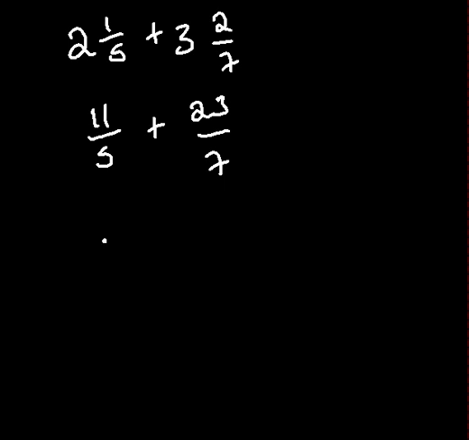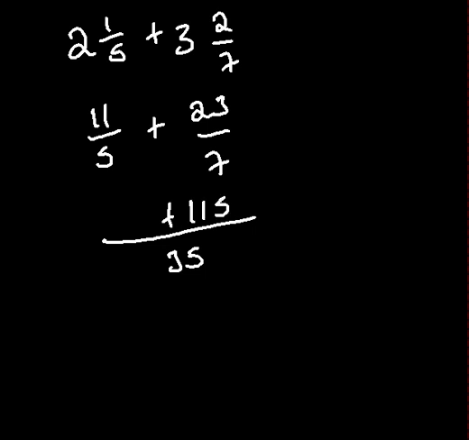Then we'll take it from here. What is the common denominator? That is 35. And then 7 into 35, that is given as 5, and 5 times that of 23, we'll have it as 115. Like that.